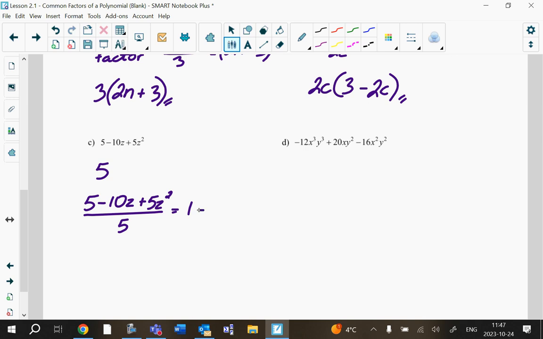Minus 10z divide 5. 2z. Plus 5z squared divide 5. Z squared. And remember, that second factor is always going to go in parentheses. Put the two factors you found together by multiplication, and that's your factored answer. Okay.